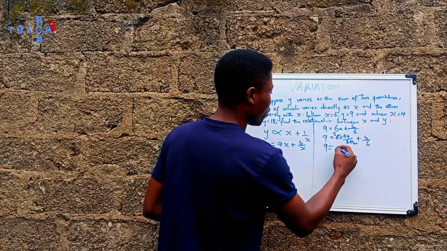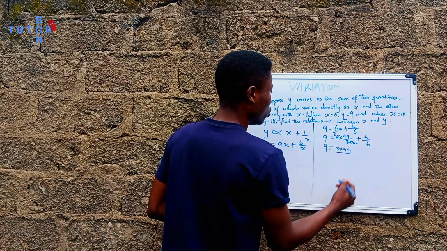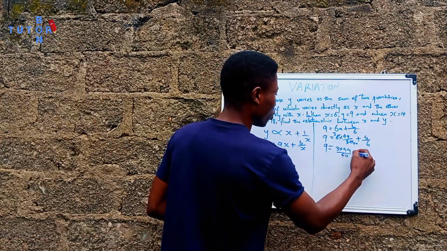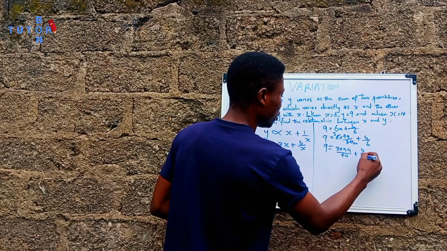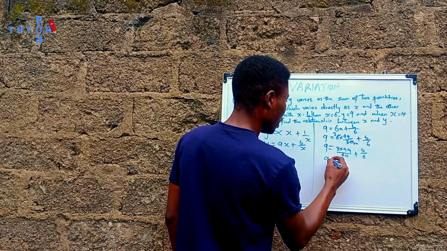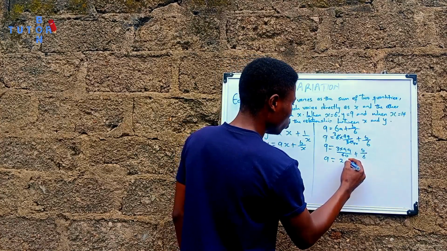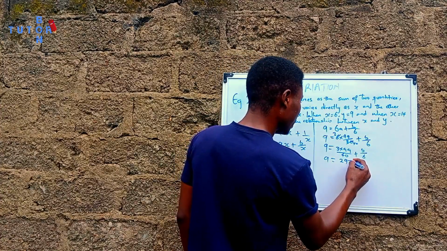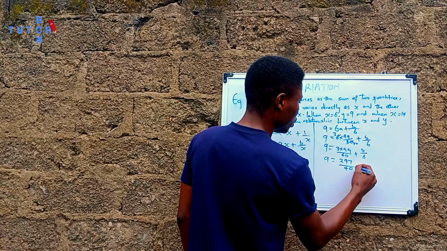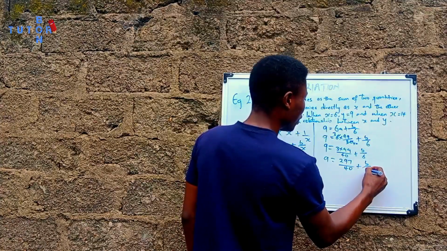So I'll be having 3 multiplied by 99 over 40 plus b over 6. So I'll be having 9 equals 3 times 99, which will give me 297 over 40 plus b over 6.